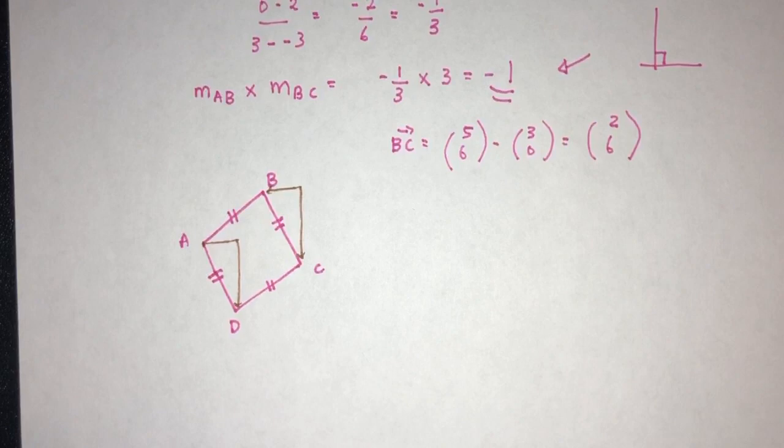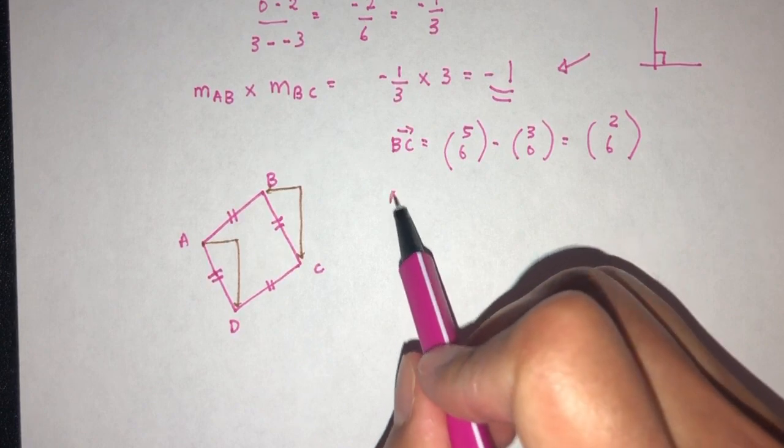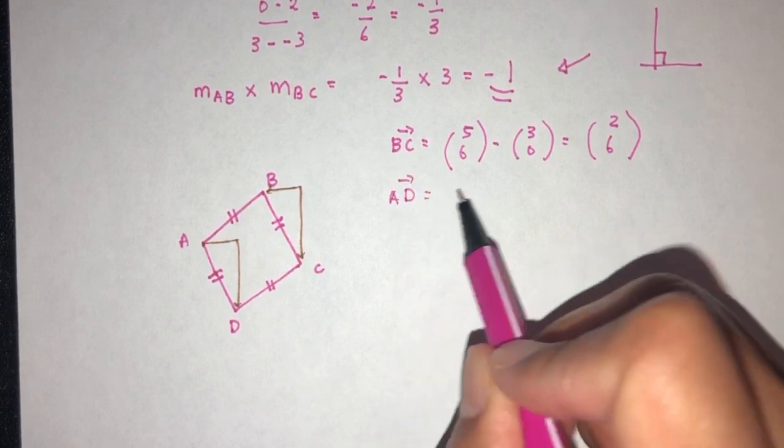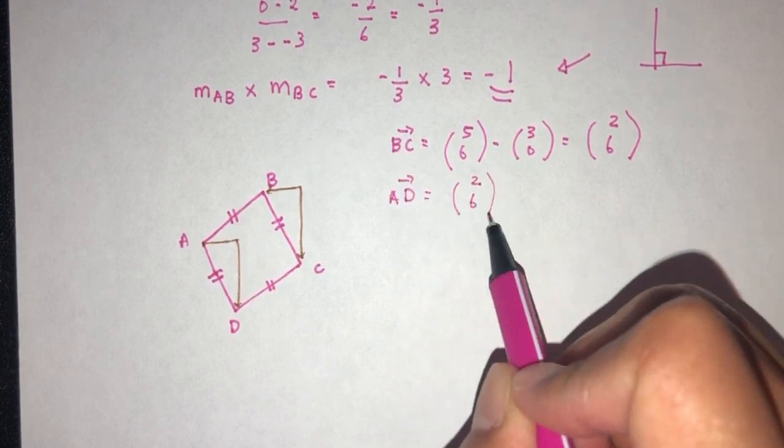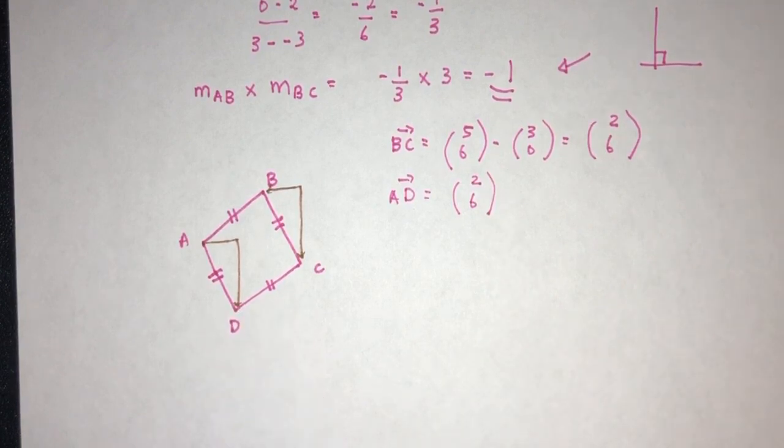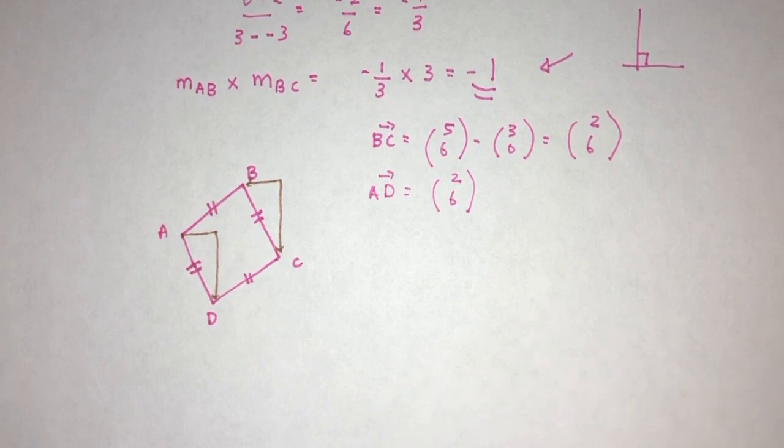Now, to go from point A to point D, we have to use the same move. Again, the diagram here is not accurate. It is only an illustration to understand the kind of move I'm trying to explain. The main idea is to understand what kind of trick we can use to find that vector.